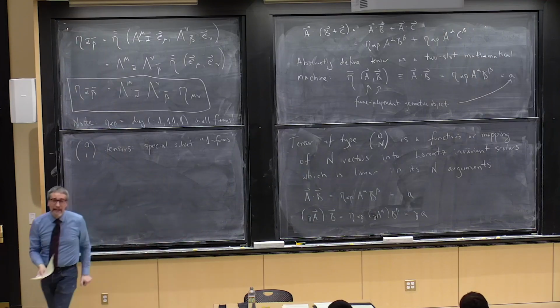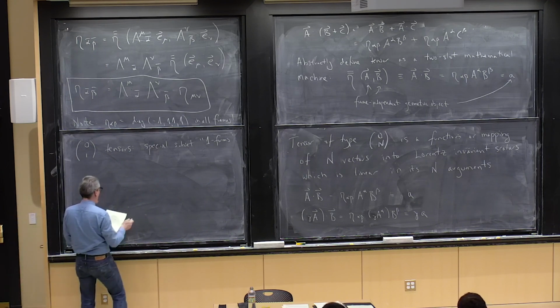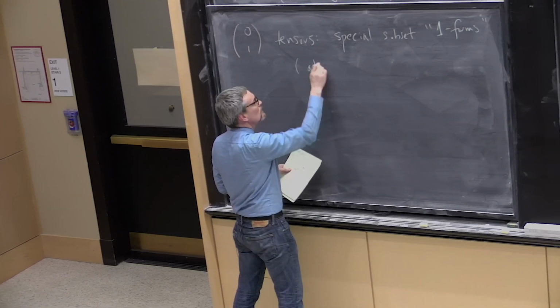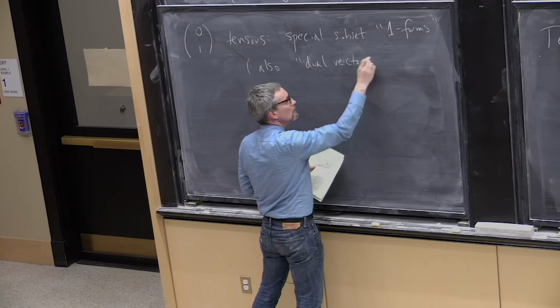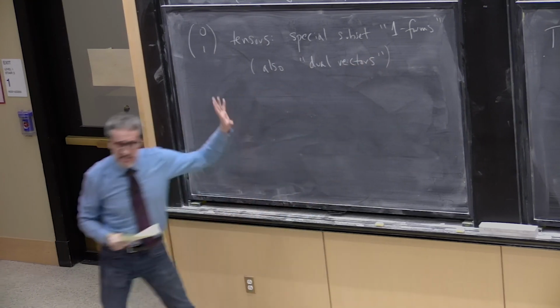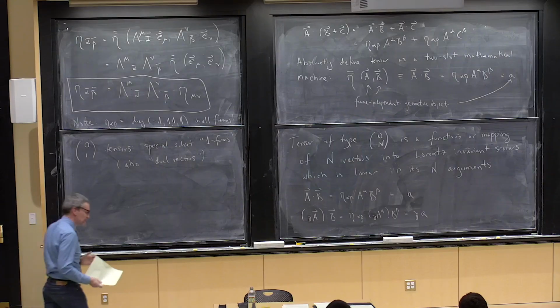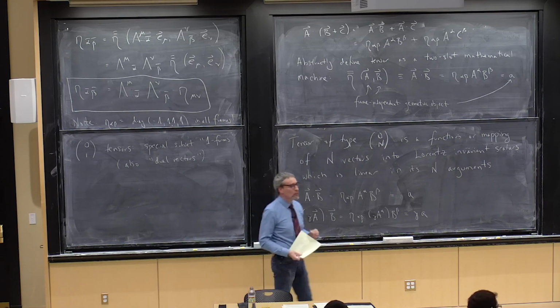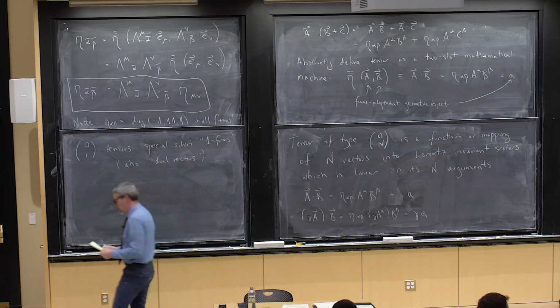For reasons that I will elaborate on in probably 10 or so minutes, these are also sometimes called dual vectors. And if that's making some neurons light up in your head, set that aside for a moment. I want to carefully go through them before I indicate the manner in which there is a duality that is being applied here.